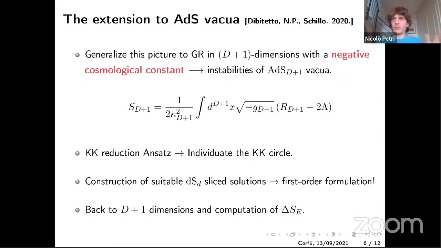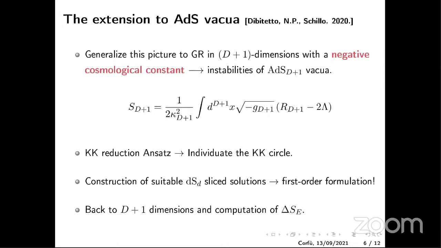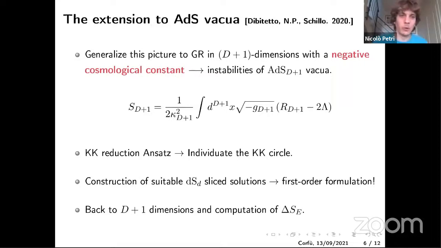So now we started from 5 dimensions. Now we can pass to D dimensions, D plus 1 dimensions, and include this negative cosmological constant. So compared to string compactification, this is a very simple model. And we need, as I told you, a circle in order to build up such geometries.